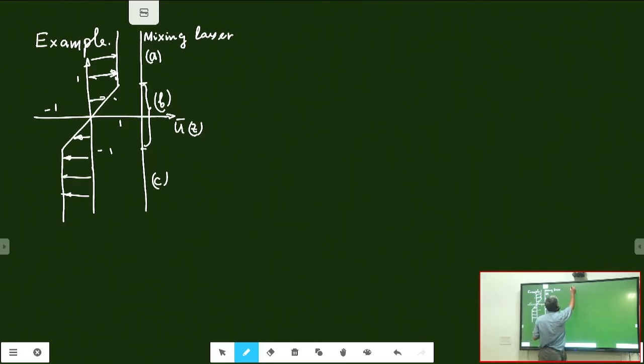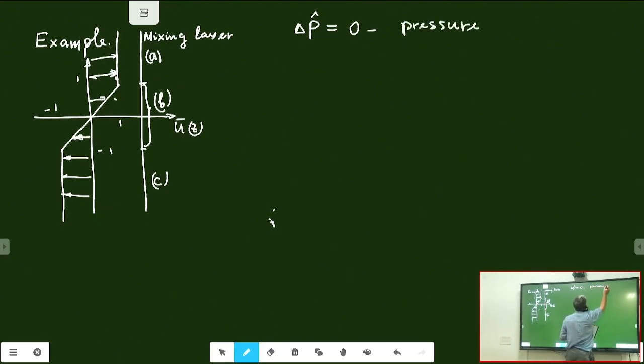So the gradient of pressure, or pressure difference, is equal to 0 across the layers. So delta, this delta here, represents the difference between the upper value and the lower value across the layer.